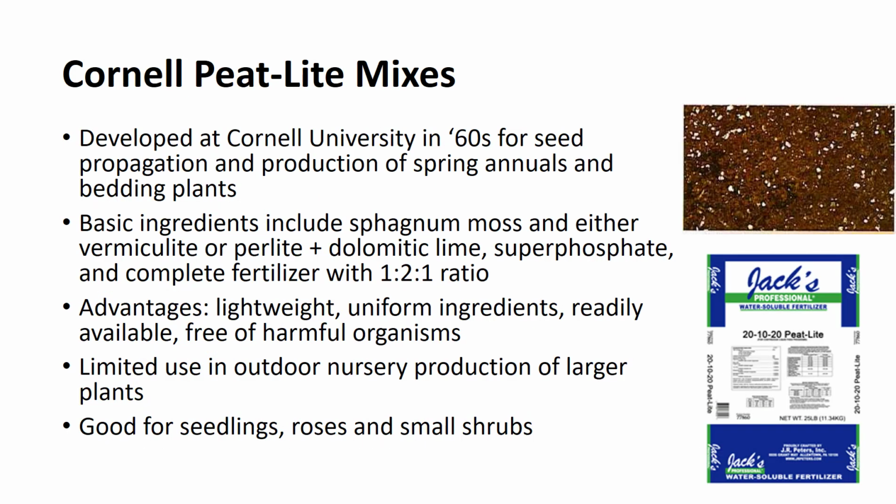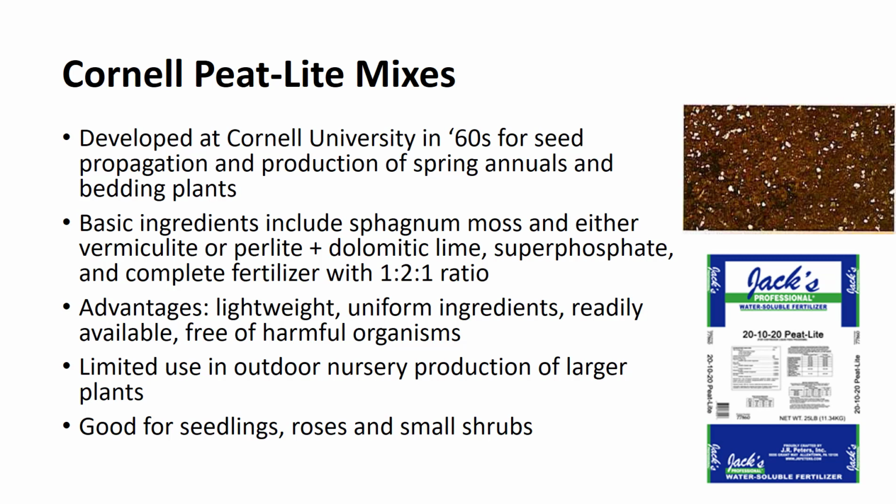The Cornell Peat-Lite mixes were developed at Cornell University in the 1960s primarily for seed propagation and production of spring annuals and bedding plants. The basic ingredients of the Peat-Lite mix are sphagnum peat moss and either vermiculite or perlite, to which are added specific quantities of dolomitic limestone, superphosphate, and a complete fertilizer with a ratio of 1:1.